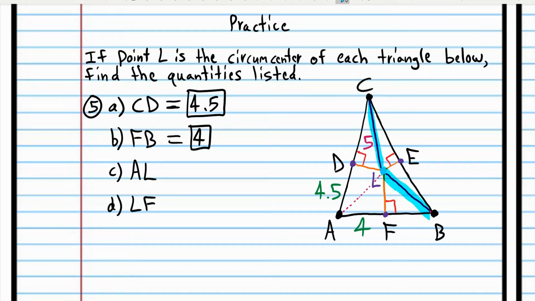So these distances are the same, and this distance is the same. So if this distance from this vertex to the circumcenter is 5, that means the distance from the circumcenter to this vertex is also 5. So AL is 5. So again, we're using the Circumcenter Theorem. Now we need to find LF.